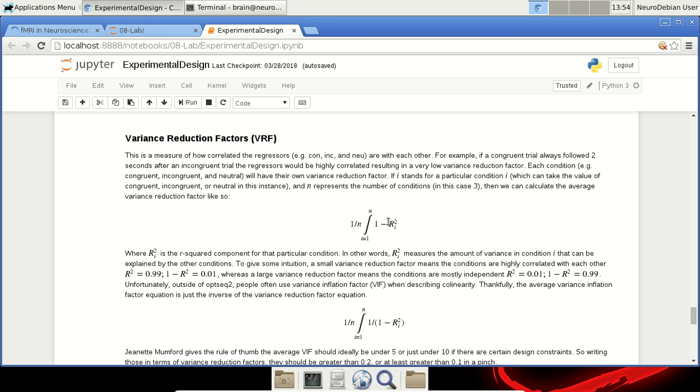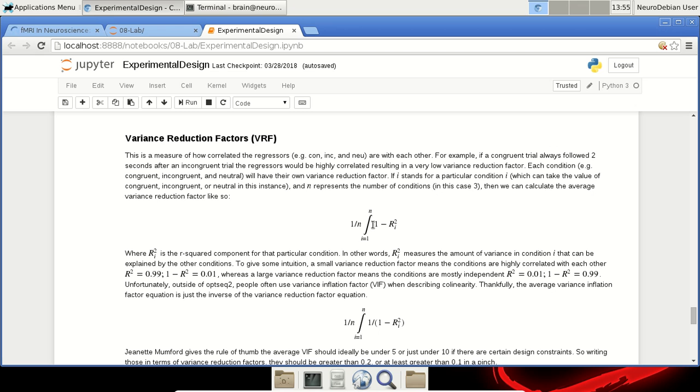So again, as I said, how much of the variance in the congruent trial type can be explained by the variance in the neutral and incongruent trial types. And then we'll iterate across the conditions to say how much of the variance in the neutral trial type can be explained by the congruent and incongruent trial types.